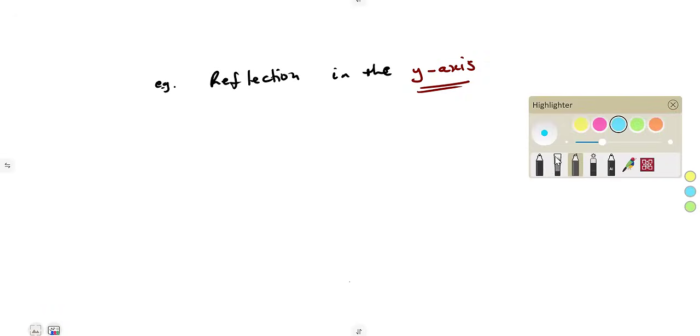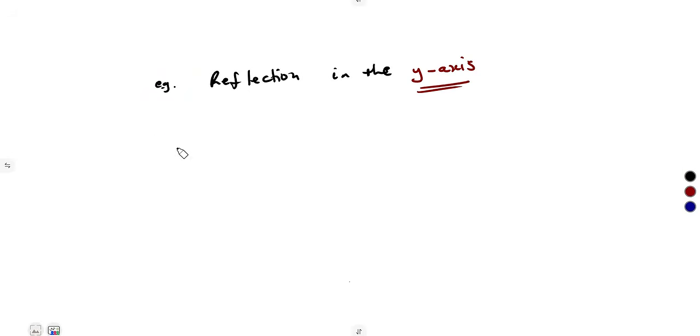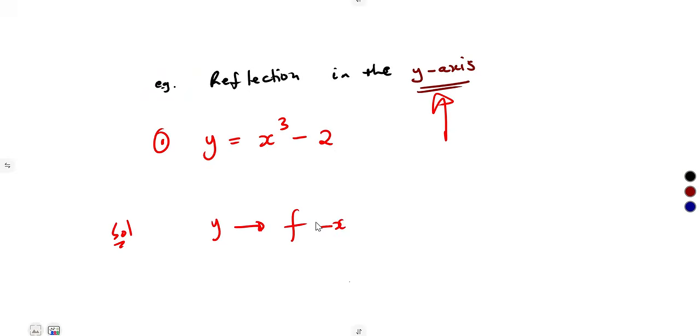All right, so let us consider the first example. Let us say we are given y is equal to x cubed minus 2. A reflection is going to happen in the y-axis. What are we going to have? As we said, y is going to change to f of minus x in the y-axis.